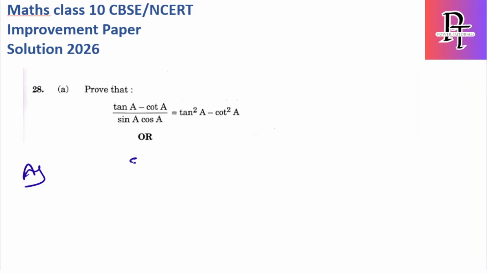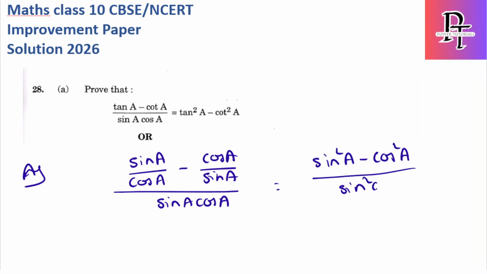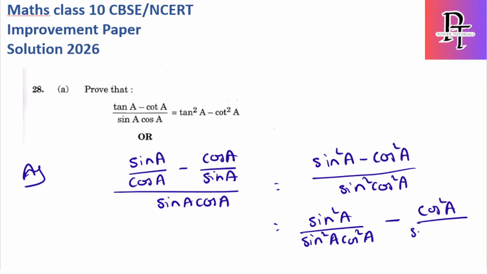So tan A I can write as sin A by cos A, whereas cot A I can write as cos A by sin A. In the denominator it is sin A cos A. So if I take LCM here, I will get sin square A minus cos square A, and in the denominator I am multiplying both, so I will get sin square A cos square A. If I open that LCM, I will get sin square A by sin square A cos square A, whereas cos square A by sin square A cos square A.